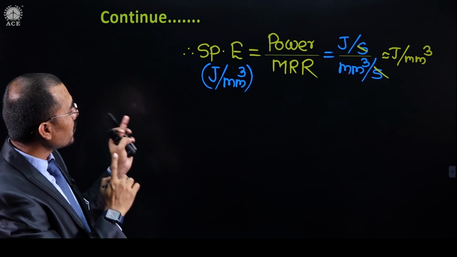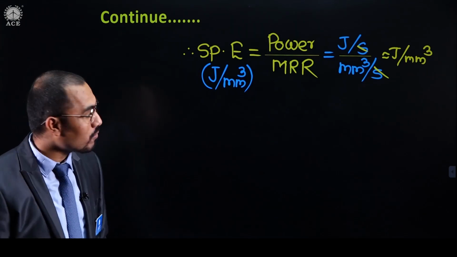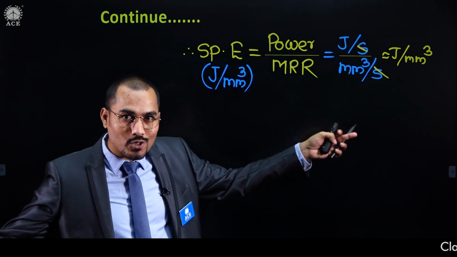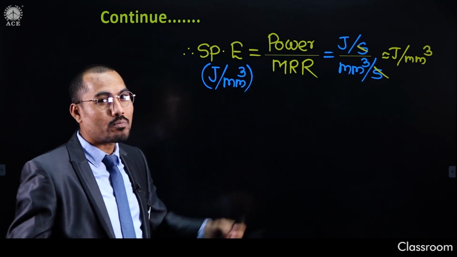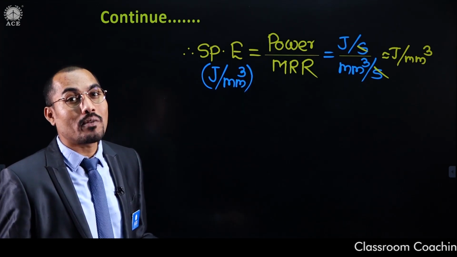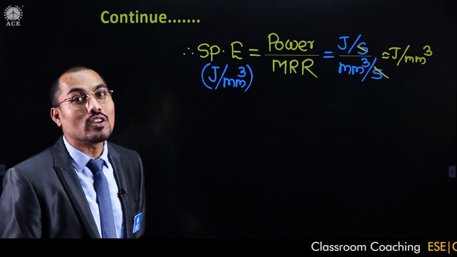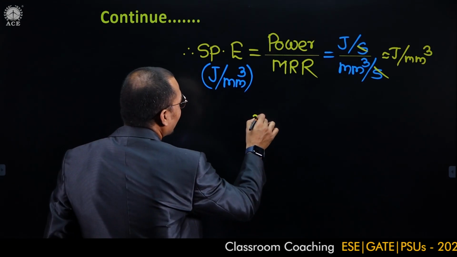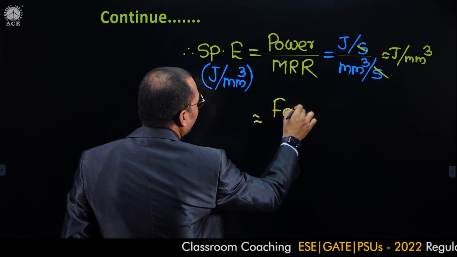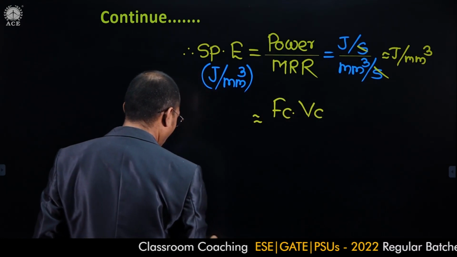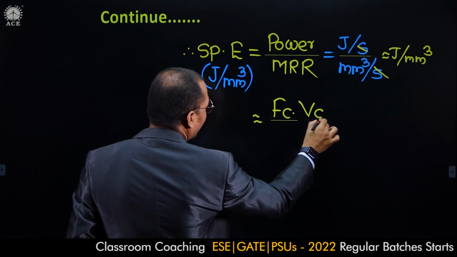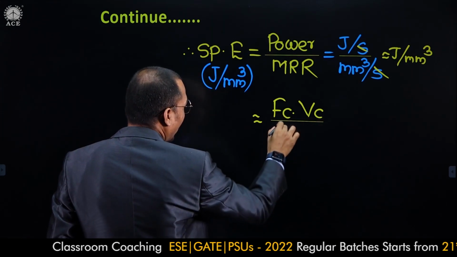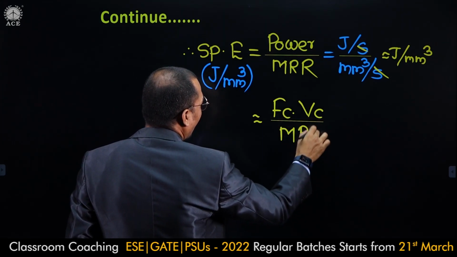Yes, sir. Specific energy is given in the problem. Material removal rate is also given in the problem. Power is the amount of energy consumed per second, that is cutting force, the tangential force, multiplied by cutting velocity. Therefore power is equal to Fc into Vc. So specific energy is Fc into Vc divided by MRR.